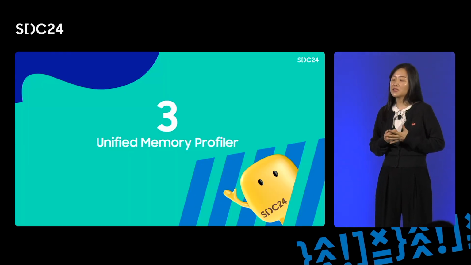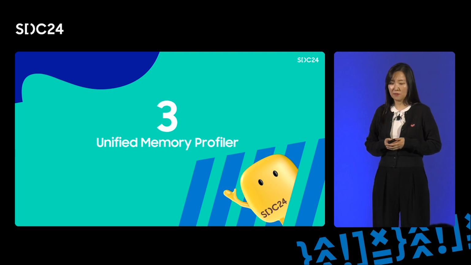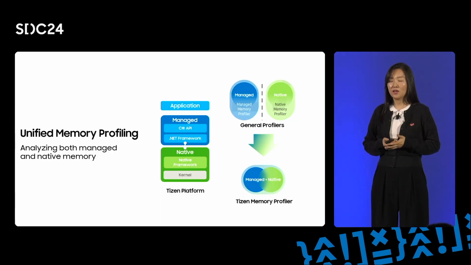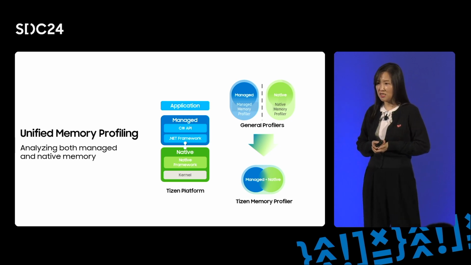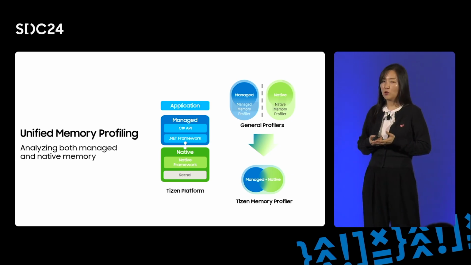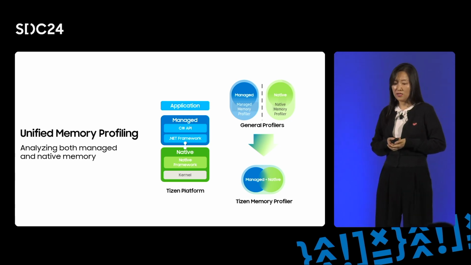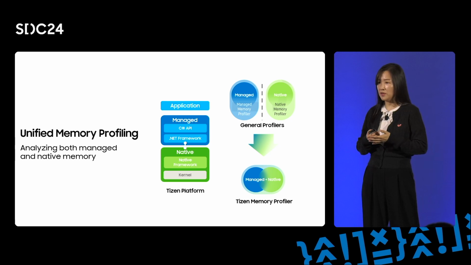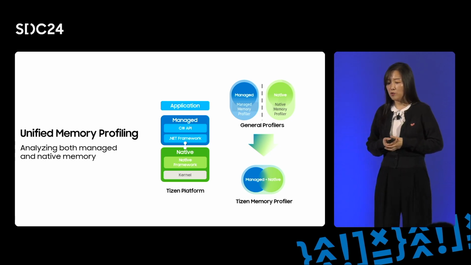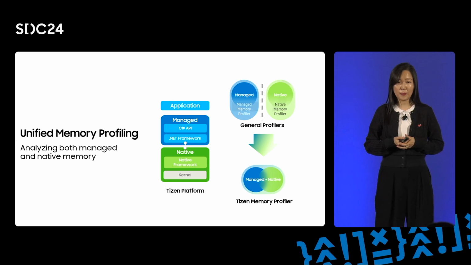Now, let's dive into the enhancement in Tizen Memory Profiler. Tizen is designed to use native languages like C and C++ to ensure optimal performance even on low-end IoT devices. Since Tizen 4, native APIs have also been available in C#, allowing developers to take advantage of the .NET environment.